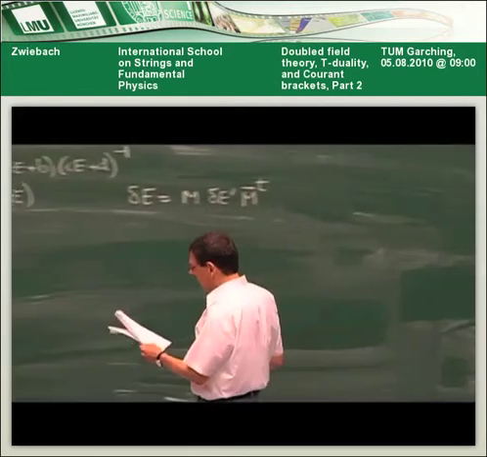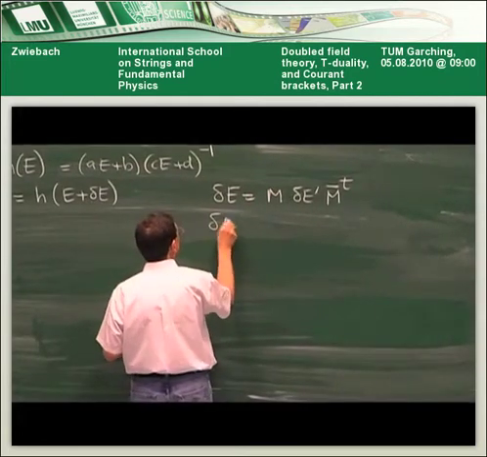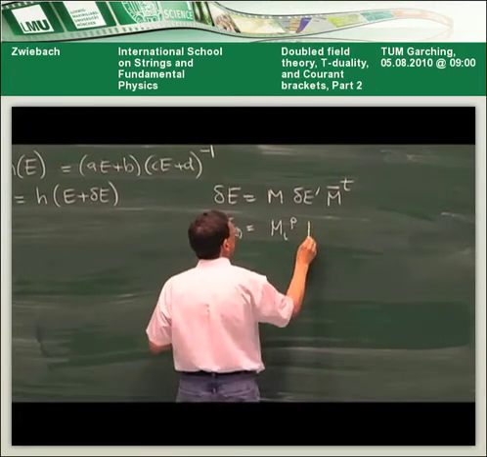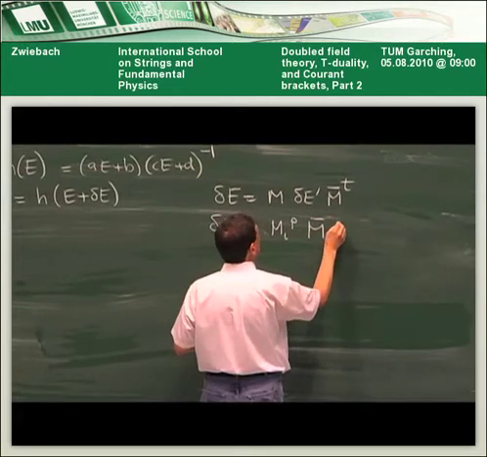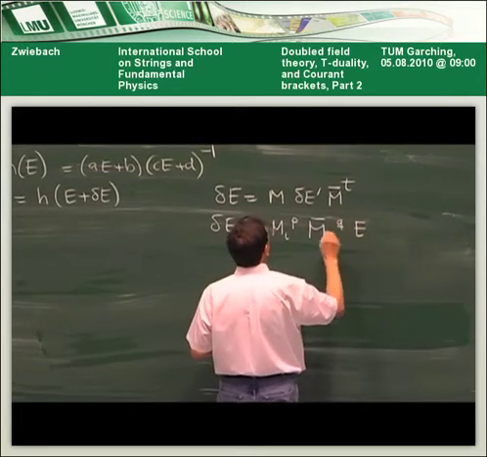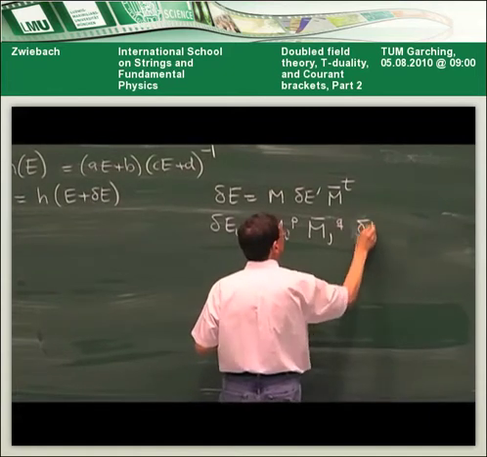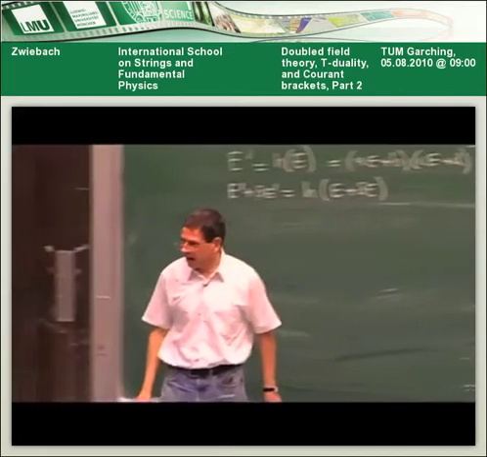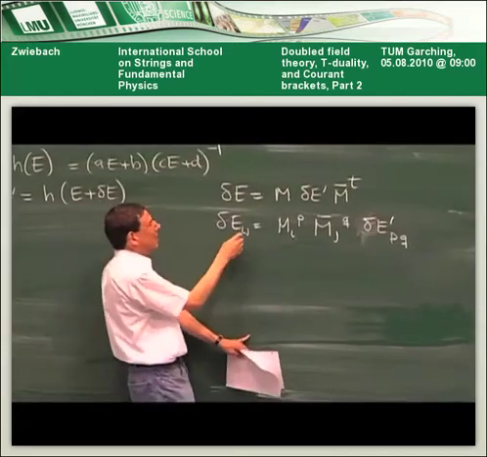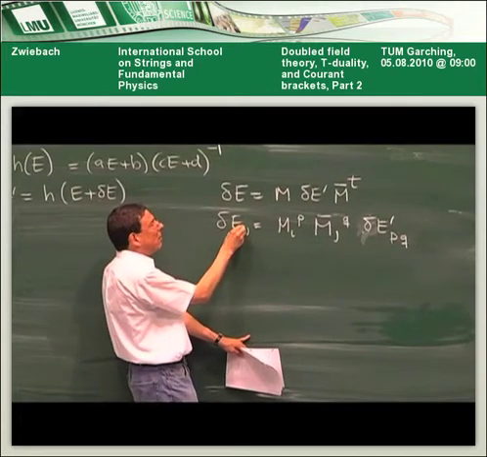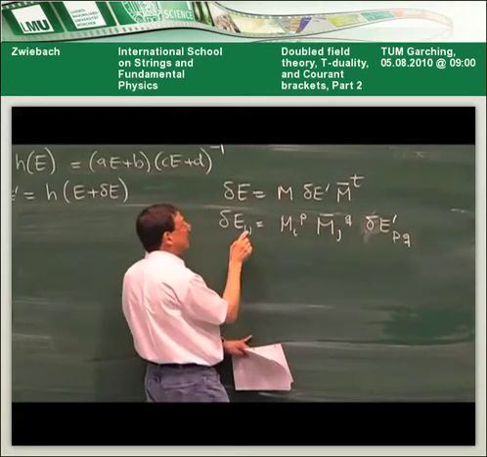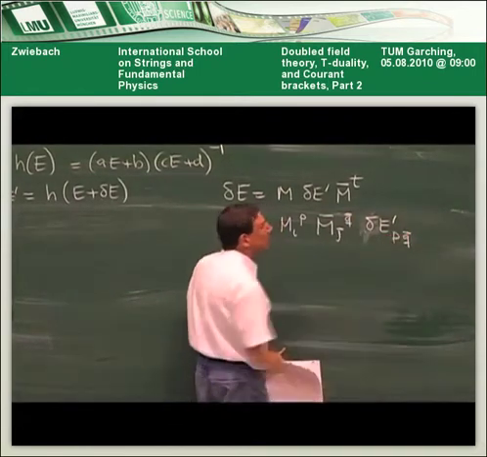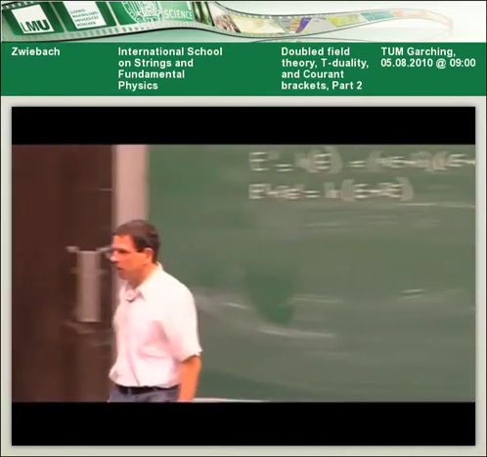So in terms of indices, you would write delta Eij is equal to Mip M bar jq delta E prime pq. So this is telling you that E, in a sense, has the first index unbarred because it transforms with M, and the second index is barred. You could put a bar if you want, because it transforms with M bar.